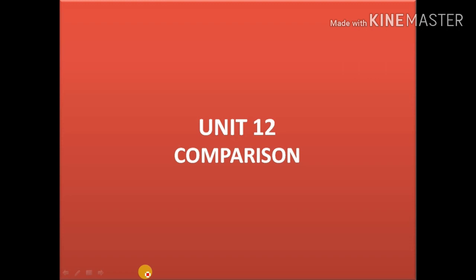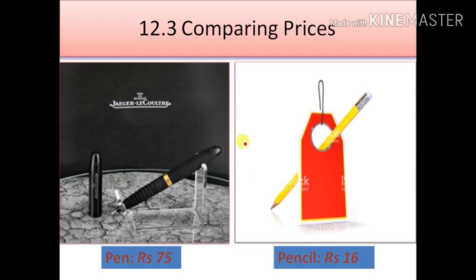And similarly, we can make comparison between people, places, situations, actions, prices of things and such others. So this video is related to price comparison, and I'm sure after watching this video you will be able to make comparison between prices of things. So let's begin Unit 12, comparison.